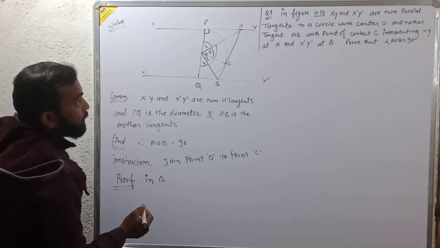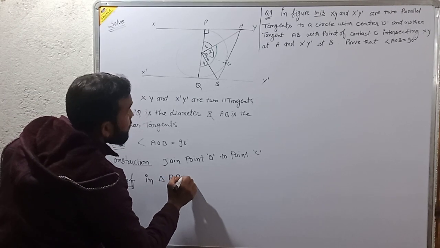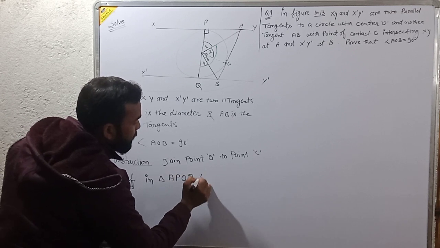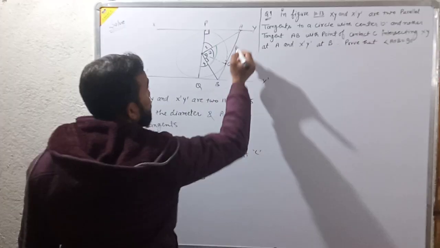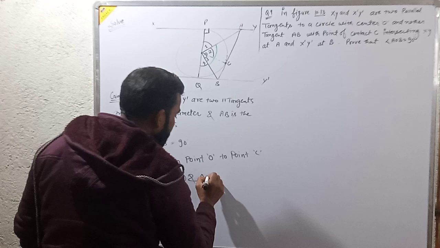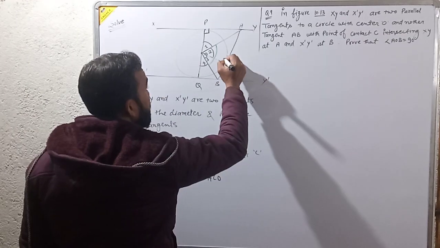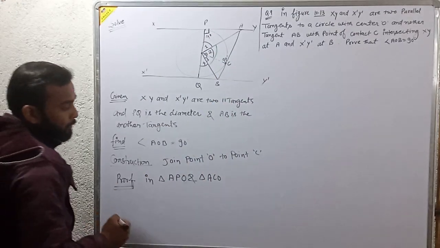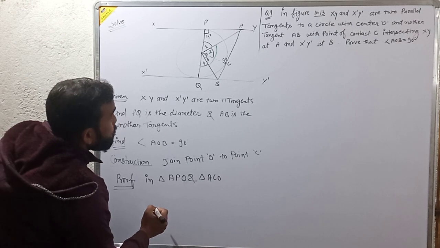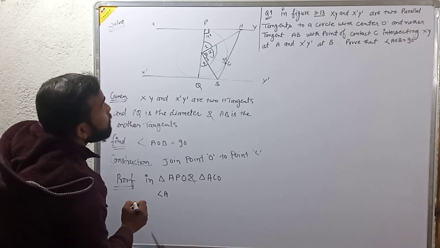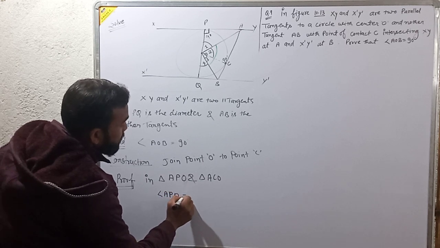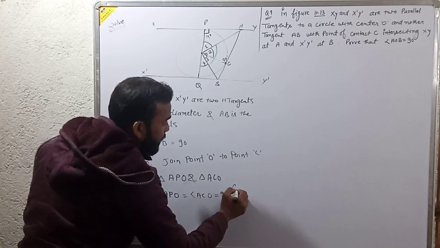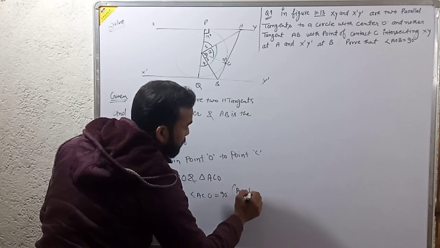So in a right angle triangle APO and triangle ACO, this will also be equal to 90 degrees, the angle between tangent and radius. So in this question, angle APO is equal to angle ACO is equal to 90 degrees because of the angle between radius and tangent.